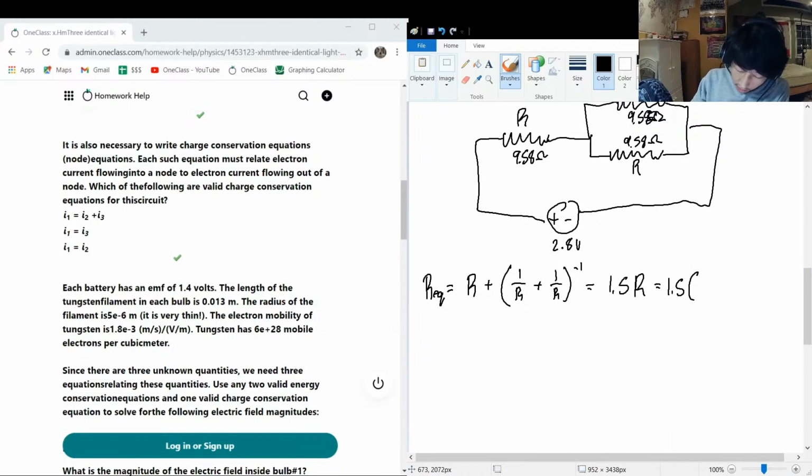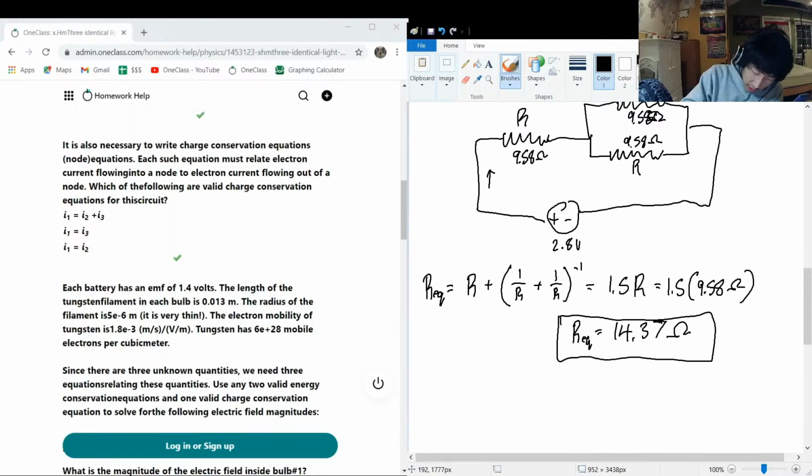So subbing in R is equal to 9.58 ohms, we know that Req is equal to 1.5 times 9.58. Here we have 14.37 ohms.